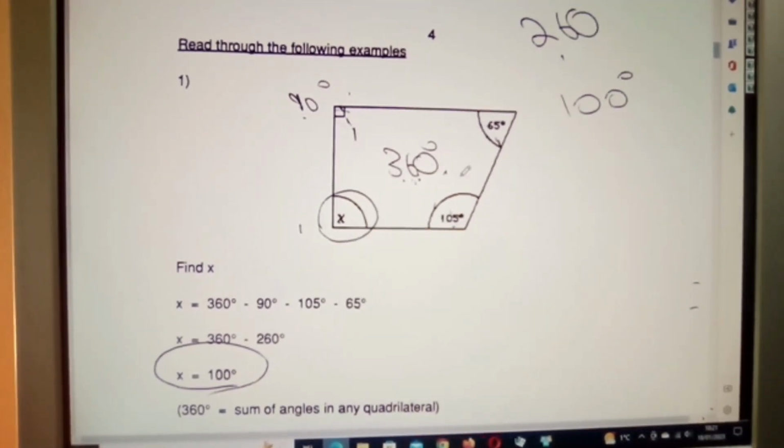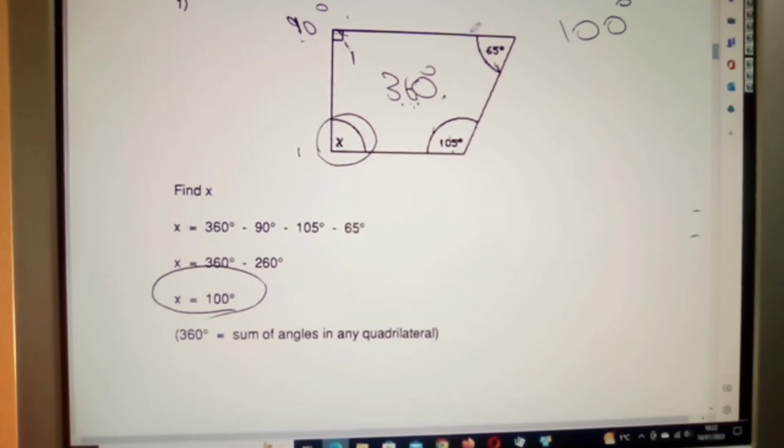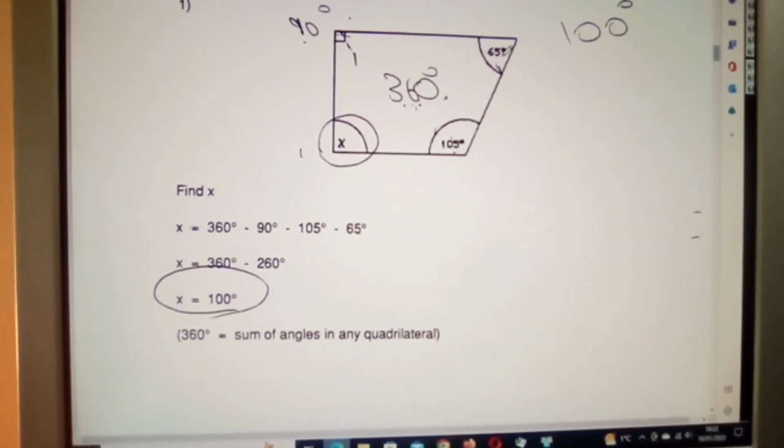Now we know that this should add up to 360. We are told that that's 105. We know that it's 90. We know this is 65 degrees.